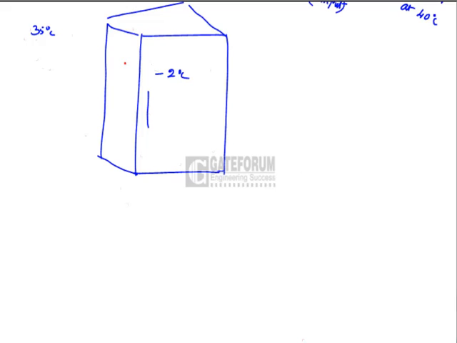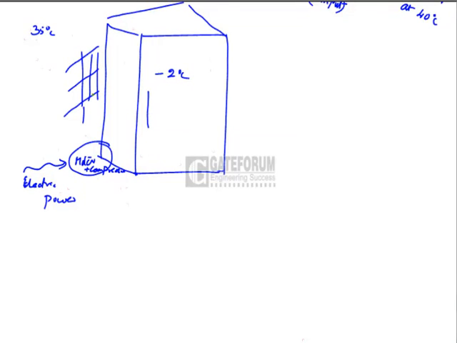This low temperature is maintained by spending electrical power. Electric power is given to this motor plus compressor assembly. We are doing work, and via the condenser, a bank of tubes on the back side of the refrigerator, heat is rejected.